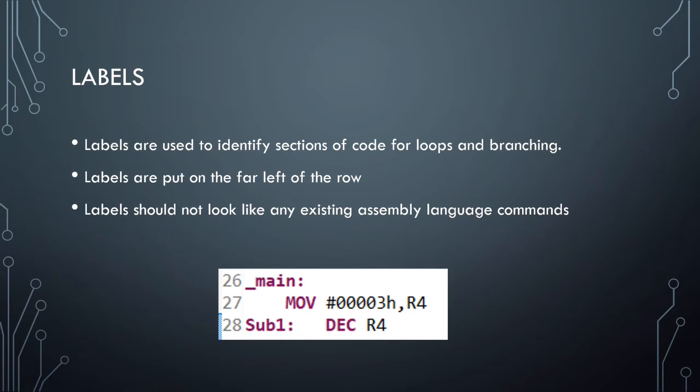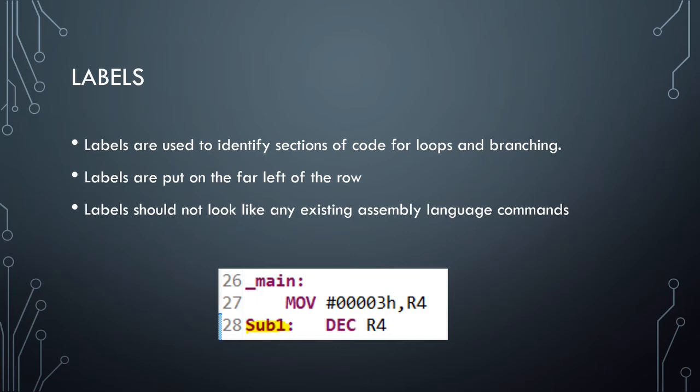It's also important that when you're choosing a label, it doesn't look anything like an existing assembly command. So essentially, a label can be anything. Here we have it as sub1. Maybe this is representing subroutine 1. You could call a label loop 1. You could even call it label 1. You could name it something ridiculous like cookies, or you could give your labels different colors like blue, red, whatever you want to do.